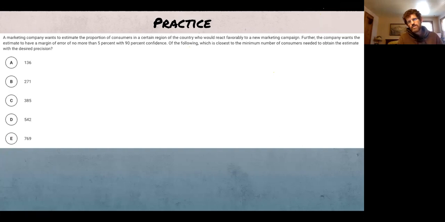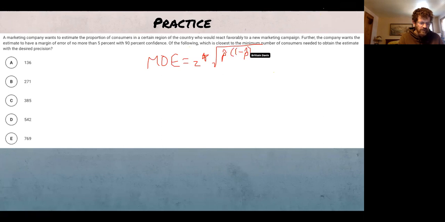What's the closest to the minimum number of consumers needed to estimate with the desired precision? Okay, so we are coming up with the sample size based on the margin of error that's desired. So that's going to be p hat times 1 minus p hat divided by n.